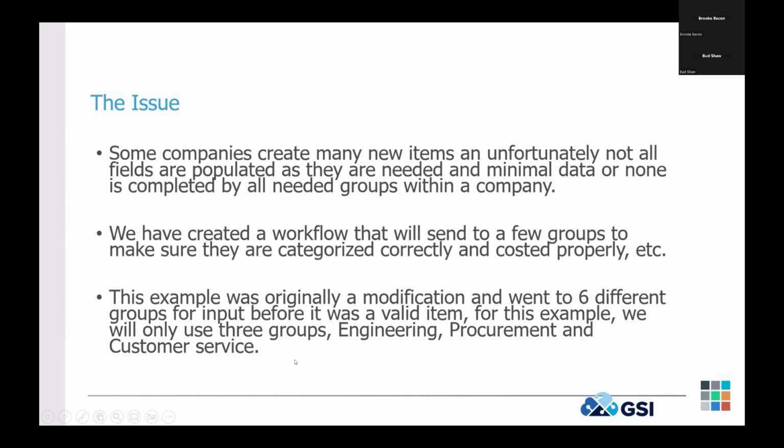So what we did here, using these new features in JDE, a low code, no code solution, is we've created a workflow from scratch that will send the item on to groups. My demo has only got 3 groups, but certainly I think you'll see it could be more. This example was originally built as a modification for a customer of ours that went to 6 different groups, but the cost of that modification was well over $30,000 in programmer effort.